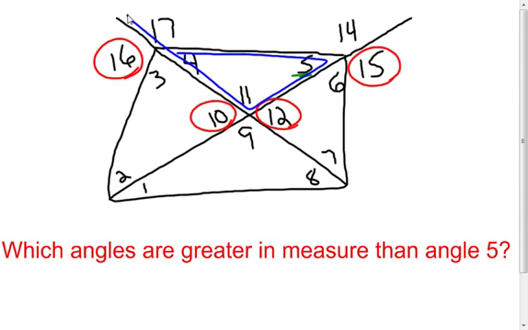Therefore, this exterior angle is going to be larger in measure than this remote interior angle. And there would be all of the angles that I know have to be larger in measure than the measure of angle 14. And again, yes, there are going to be some that actually look larger in measure, but we can't prove it using any theorem.